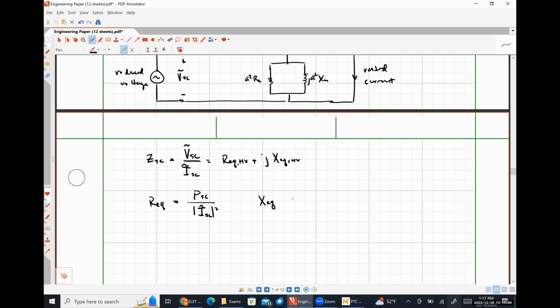And our reactance is the square root of the magnitude of our short circuit voltage divided by the magnitude of our short circuit current, quantity squared, minus our resistance squared. And the values that were calculated are referred to the high voltage side.